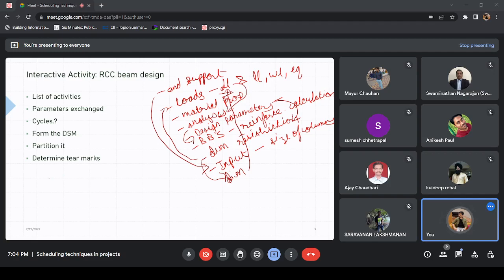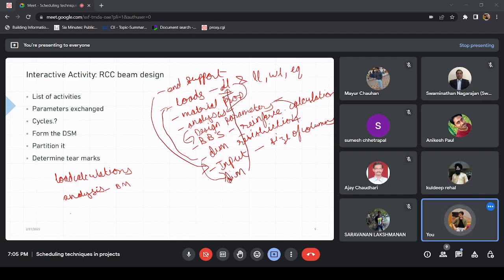Let's have one category of load calculations, another of analysis, like the bending moment we check in case of a beam mostly.